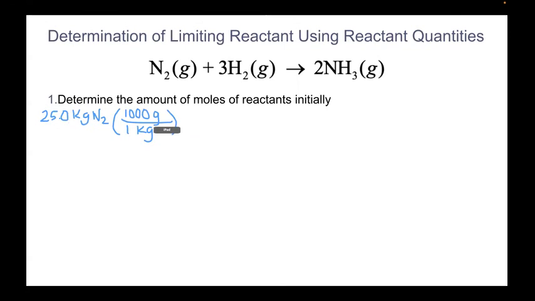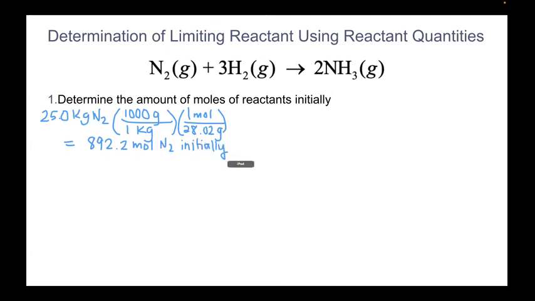So once I convert to grams, I utilize my molar mass of N2, and I say for every 28.02 grams of N2, I have 1 mole of N2, and that leaves us with 892.2 moles of N2 initially.